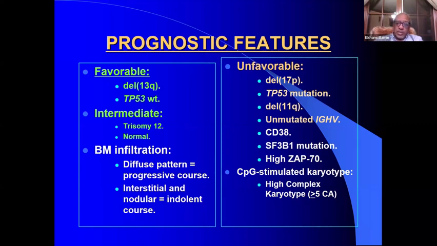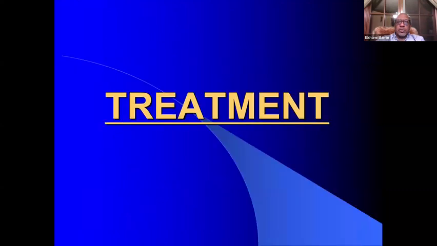So remember that's very important. So you may repeat this test if something happens, if the disease progresses. You may check to make sure there is no evolution of those genes. These are the others, and the karyotype, we mentioned more than 5 karyotype changes. So now, remembering all these genetic abnormalities, please focus very well on treatment.